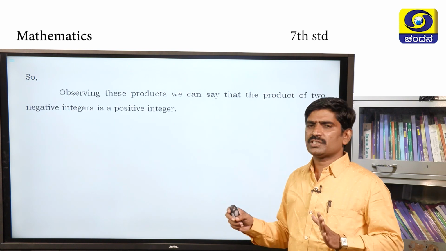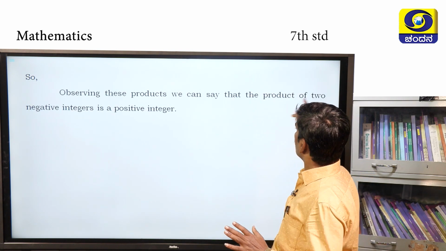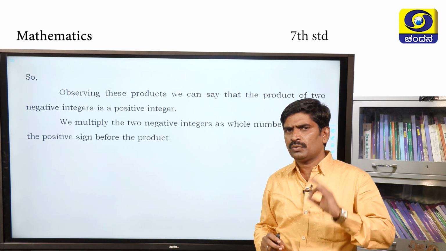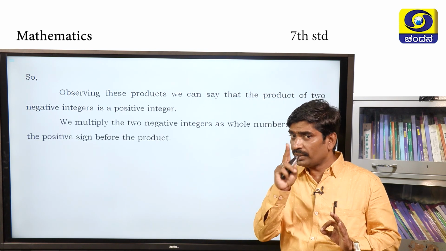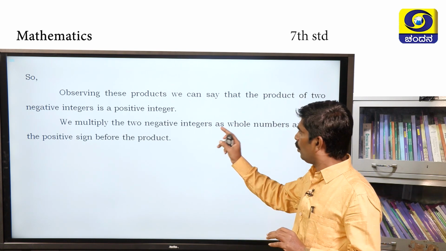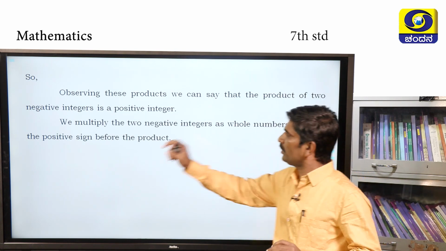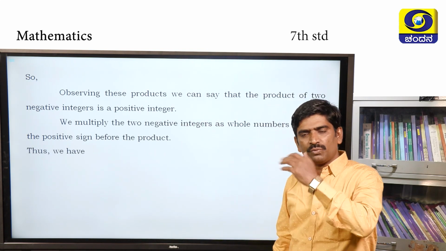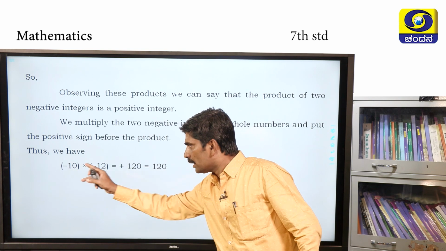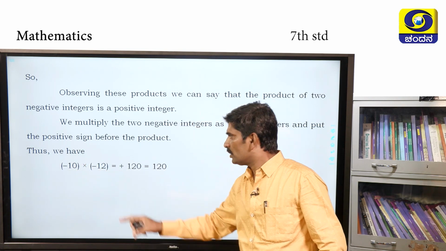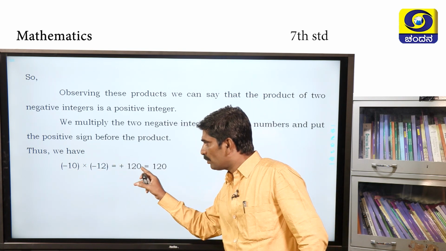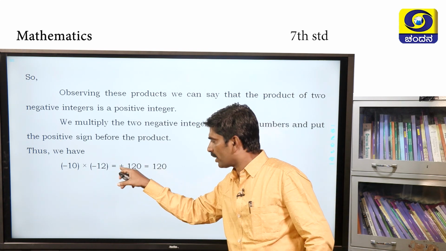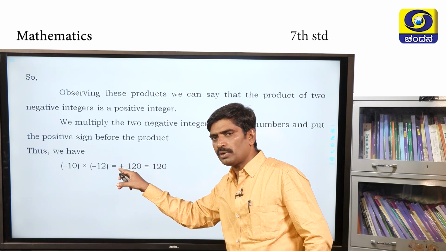Observing these products, we can say the product of two negative integers is a positive integer. We multiply the two negative integers as whole numbers and put a positive sign before the product. Thus, minus 10 into minus 12 is equal to plus 120.